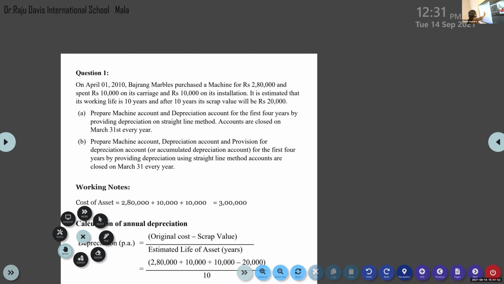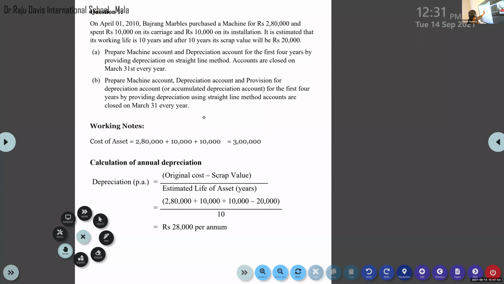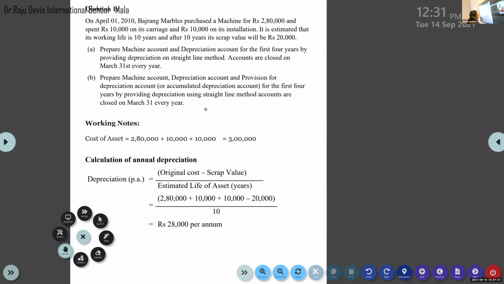Okay, let's start doing it. The first thing you need to do is find out the cost of assets. I told you cost of asset is not only the price of the machine. It will also include the installation charge, whatever additional charges have been incurred for making the machinery function in your business.